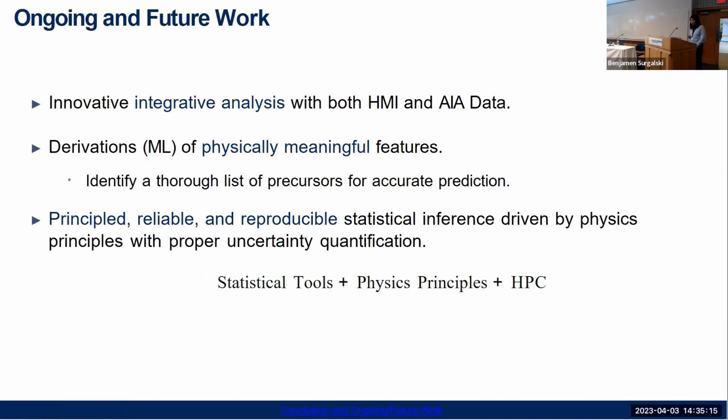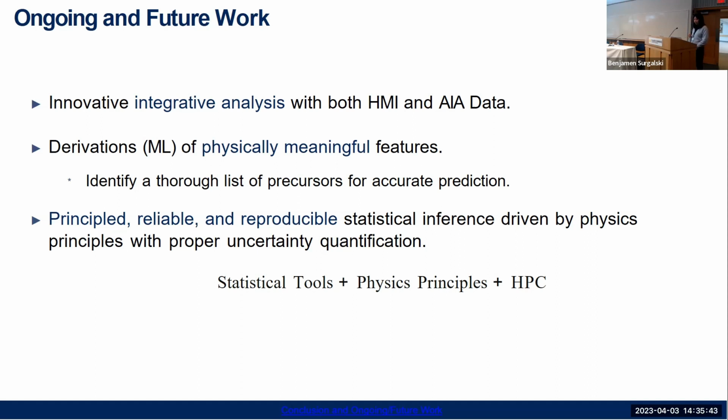So here I just want to briefly discuss our ongoing and future work along this direction and leave the rest of the time for Q&A if you're interested. We are able to work on innovative integrative analysis with both the magnetic field information and the temperature map data directly from the sun, trying to track in real time and then predict those future solar eruptions.